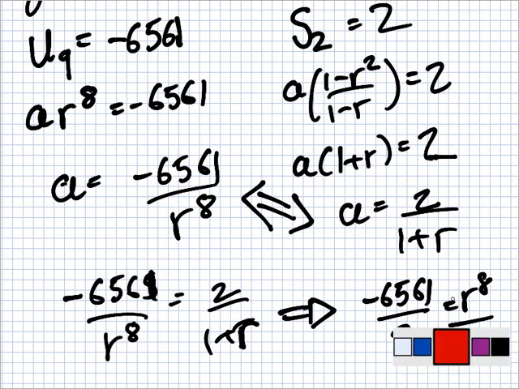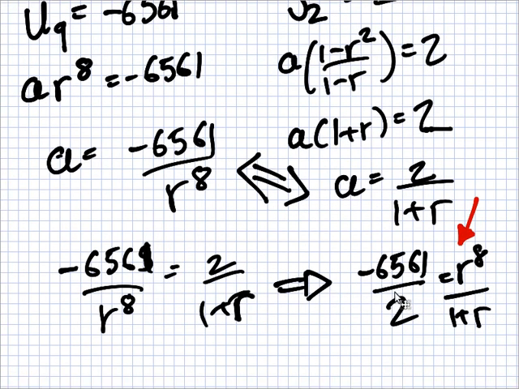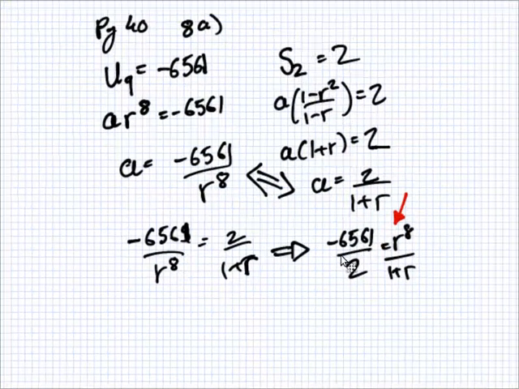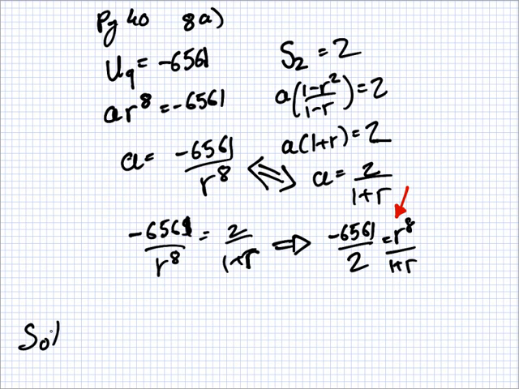Now that's a difficult equation to solve. How to solve it? Let's have a look. So, I want to solve R^8 over 1 plus R equals minus 6561 over 2.